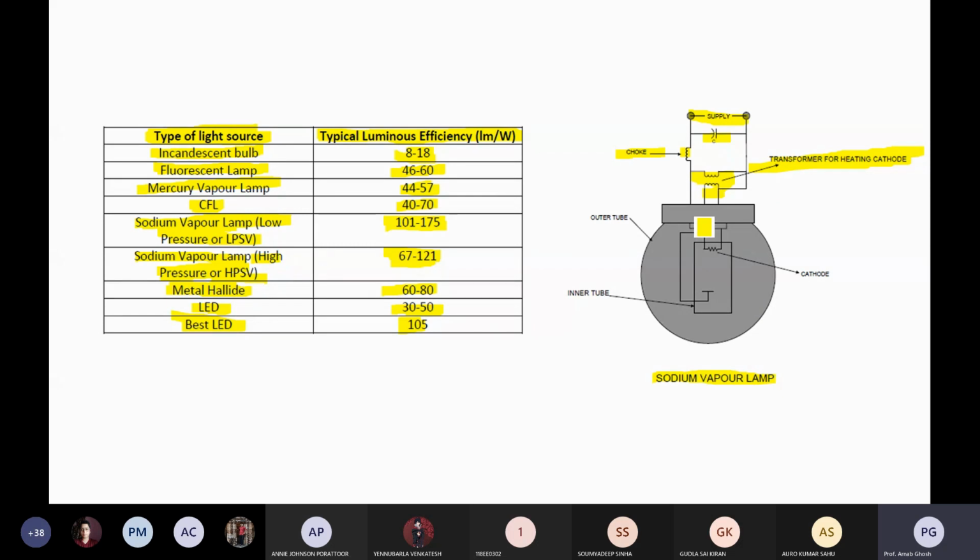Here we use a transformer for heating the electrodes. Then there are the outer tube and the inner tube, and the electrode. Due to heating, electrons flow, and current flows in the reverse direction. That is how it works.